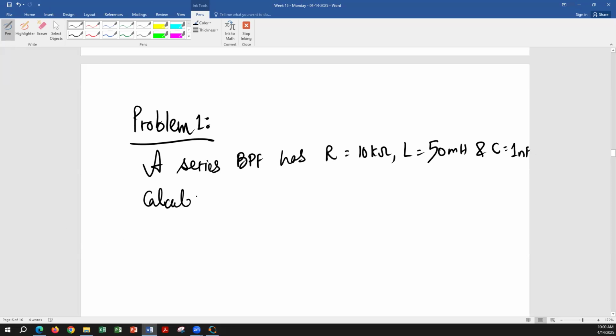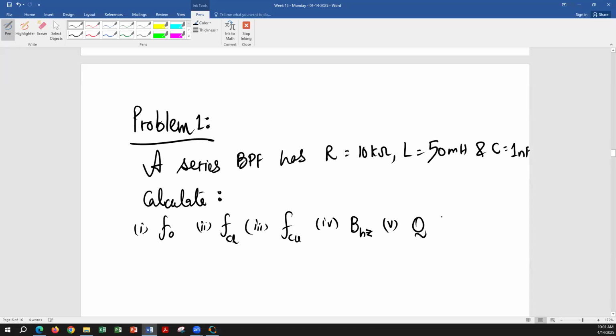Calculate the center frequency, lower cutoff frequency, upper cutoff frequency, bandwidth in hertz, and the quality factor.